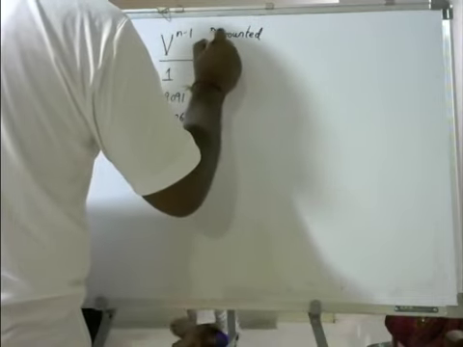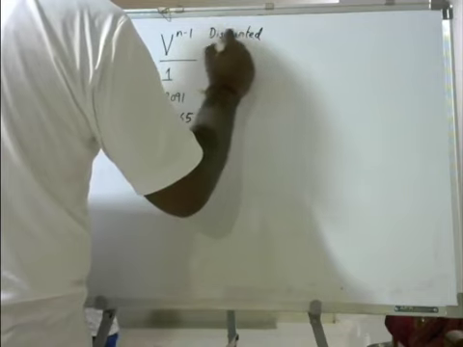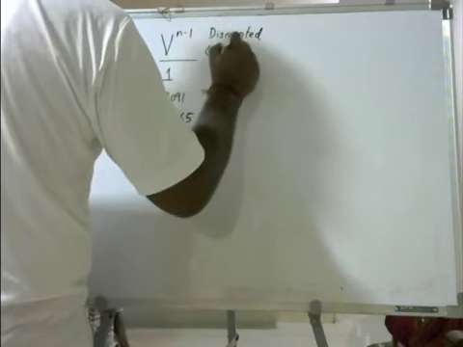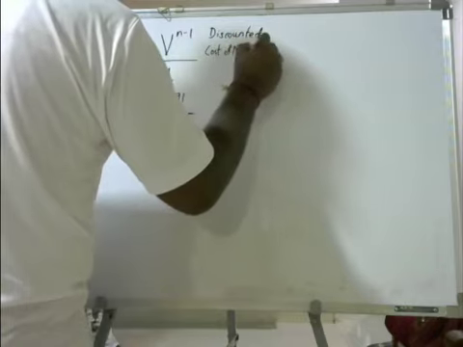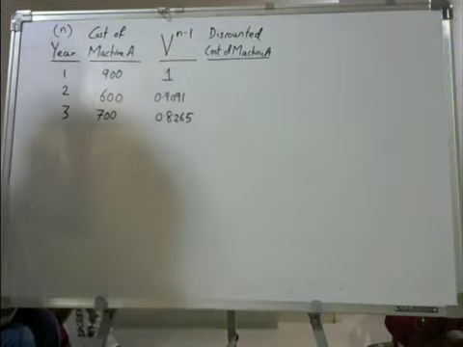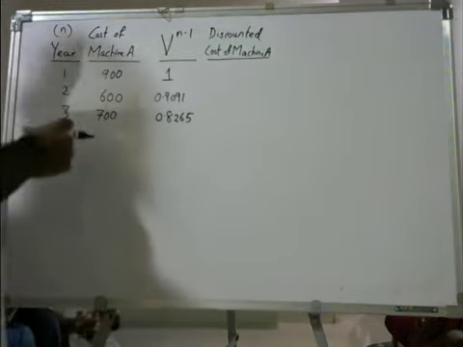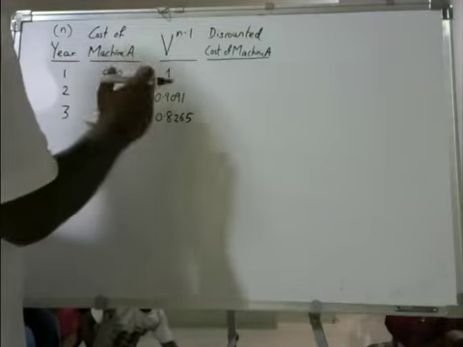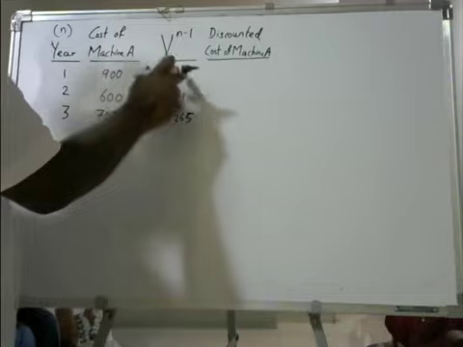Discounted cost of machine A. Now, when we are finding out the discounted cost for machine A, we need to multiply the cost of machine A with the discount factor.